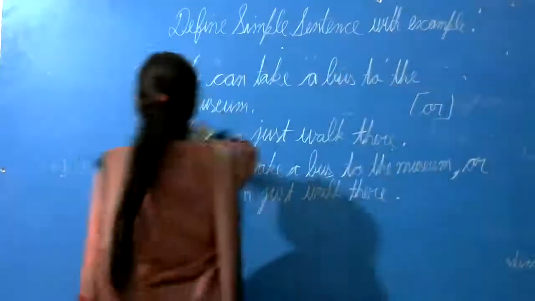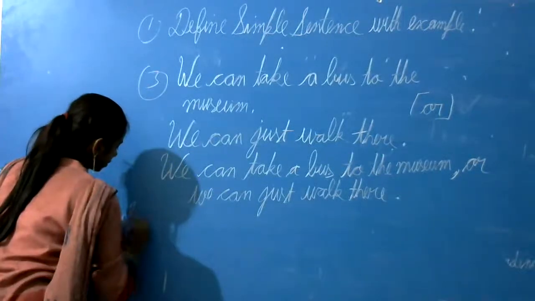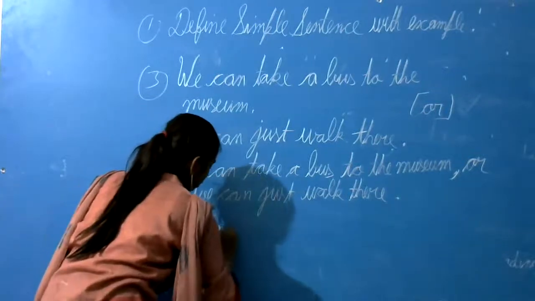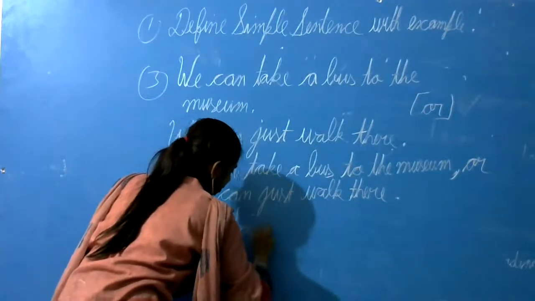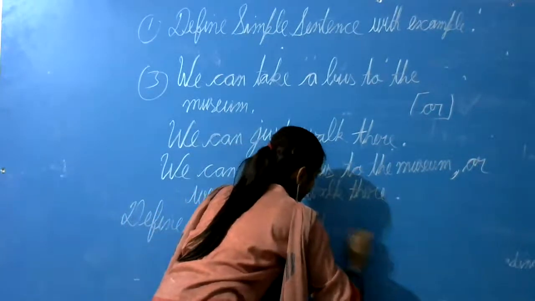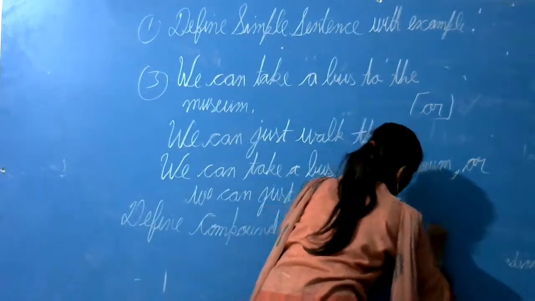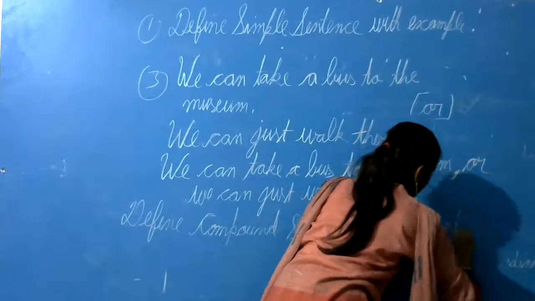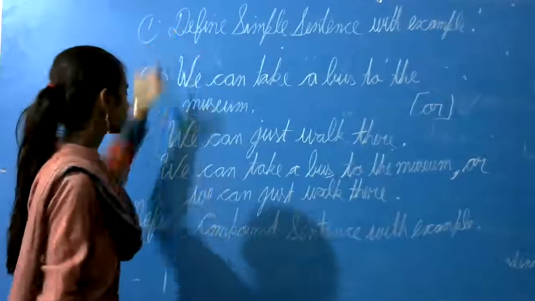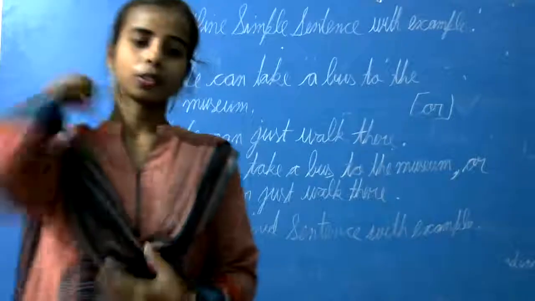Two examples you have to give, and define compound sentence. I have told you the definition. So you have to define simple sentence and compound sentence by giving two examples. Tomorrow I will ask with examples and I will continue with revising simple and compound sentences, and then I will tell you the definition of complex sentence. Okay class?